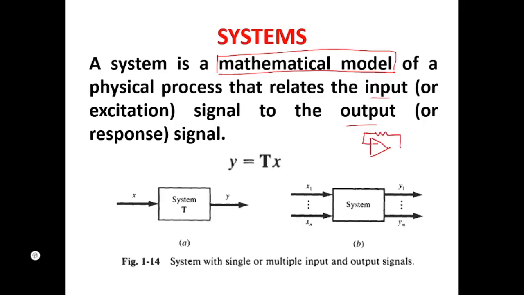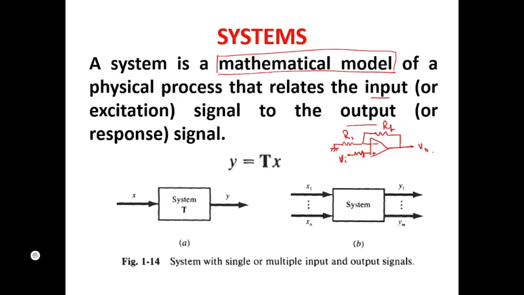All of you must have studied about this non-inverting amplifier in your analog electronics class, right? So we have Vin, Vout, then this is RF, this is R1, right?